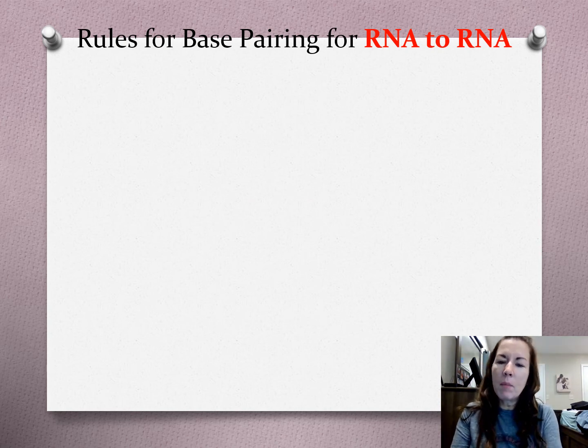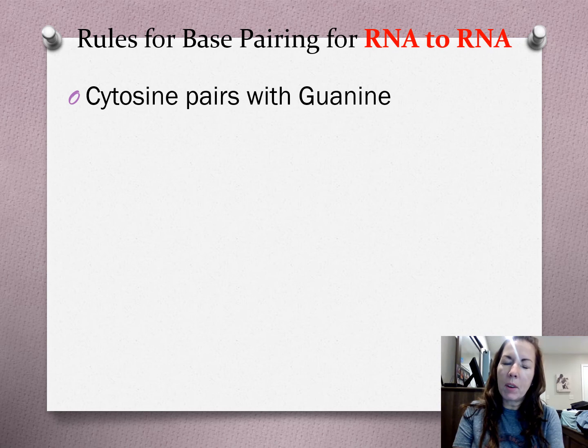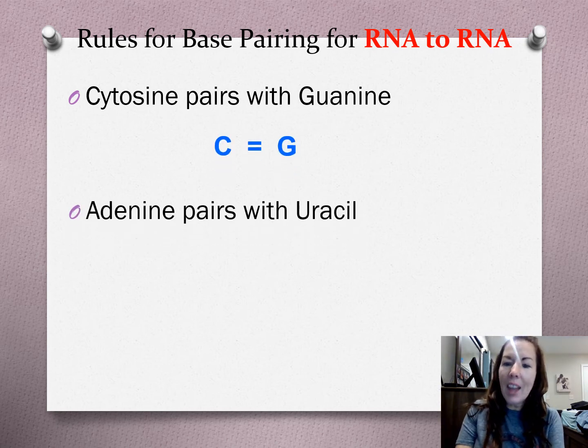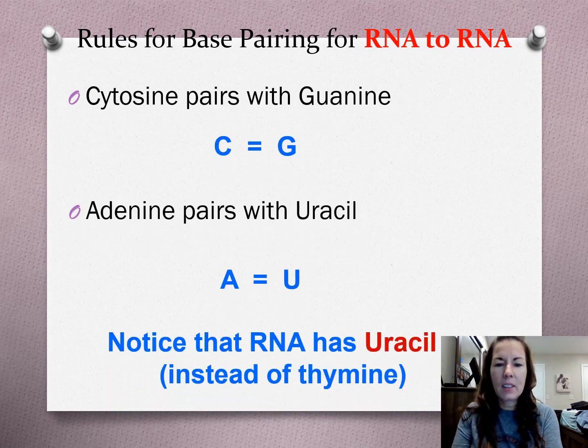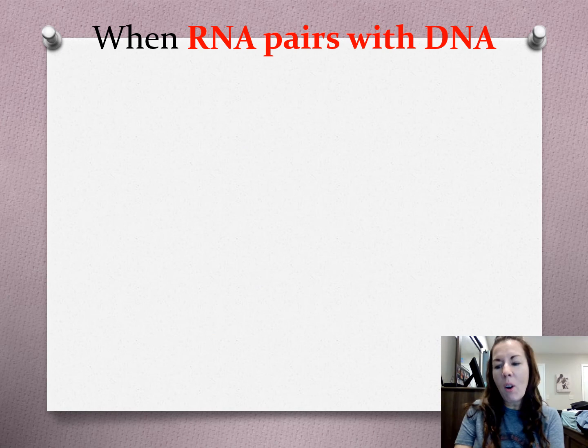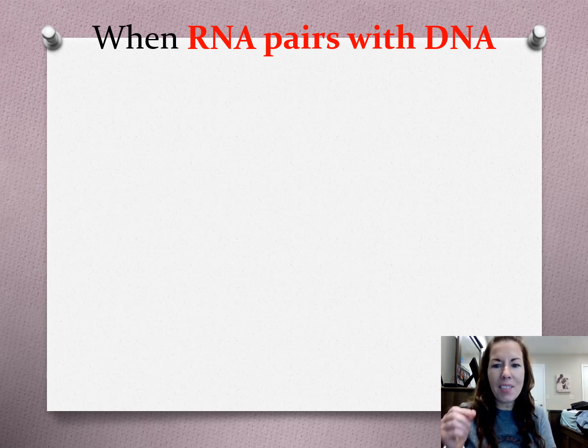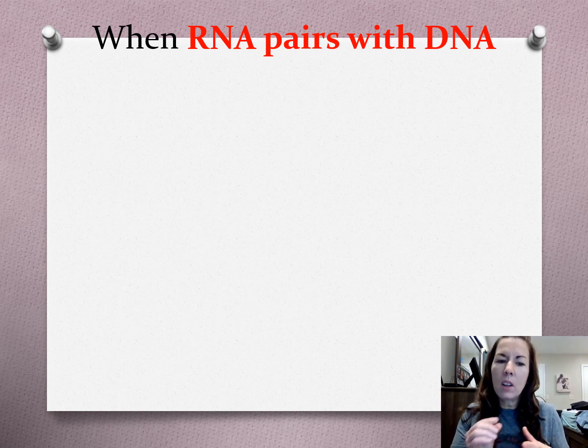And so when RNA pairs with RNA, cytosine pairs with guanine, adenine pairs with uracil, and pay attention, RNA has uracil instead of thymine. Now RNA can make pairs with DNA, and that's basically how RNA gets the memo, if you recall, to take that information from DNA.